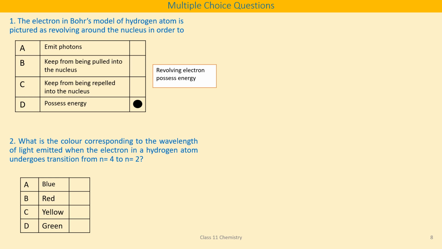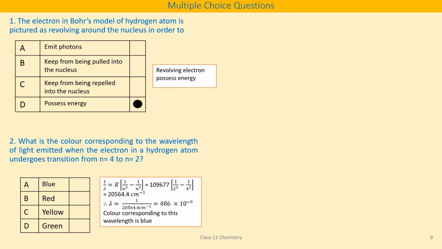Now we have to do some calculations. The calculations are shown in the inside box. Recall the formula 1 by lambda is equal to R into (1 over n1 square minus 1 over n2 square).